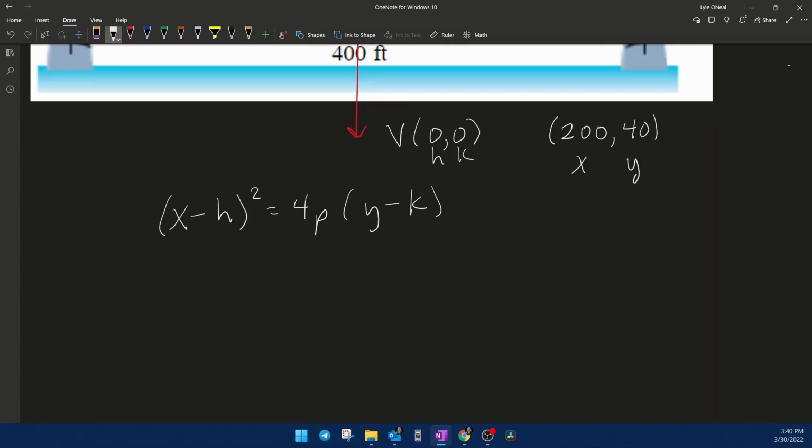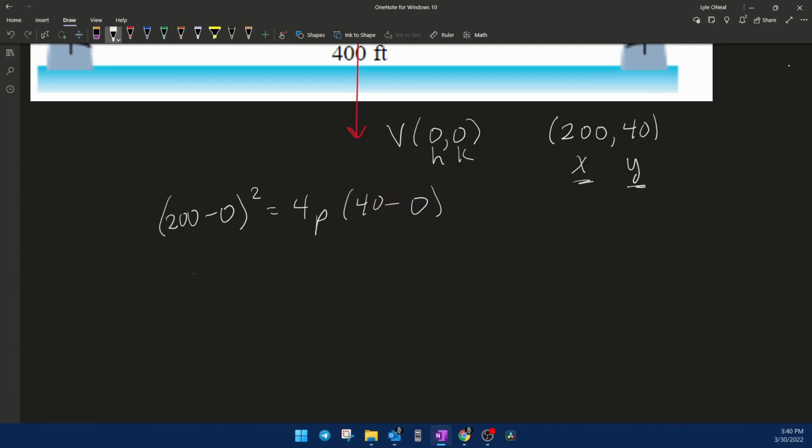And so what that tells me is I can replace h and k with zeros. And also remember, this generic ordered pair, x and y, means that I can replace the x variable with 200 and the y variable with 40, and that will allow me to solve for p.